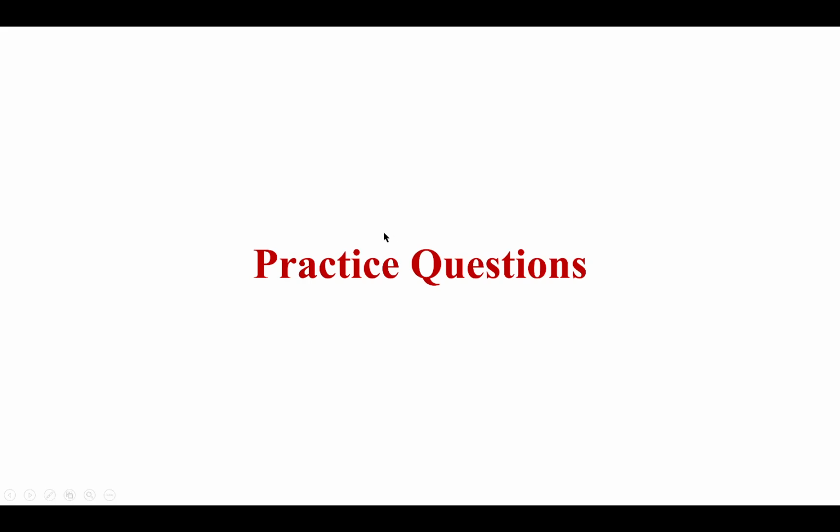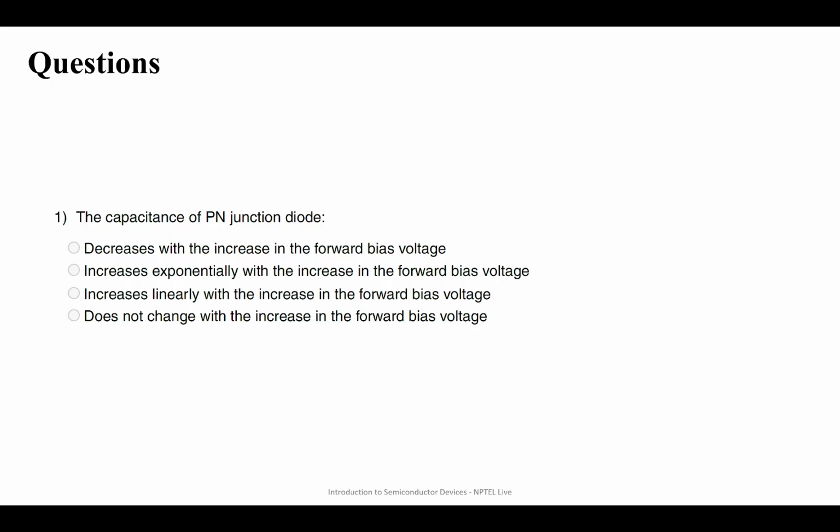So now we come to practice questions. The first question is: the capacitance of a PN junction diode decreases with the increase in the forward bias voltage, increases exponentially with the increase in the forward bias voltage, increases linearly with the increase in forward bias voltage, or does not change with the increase in forward bias voltage.